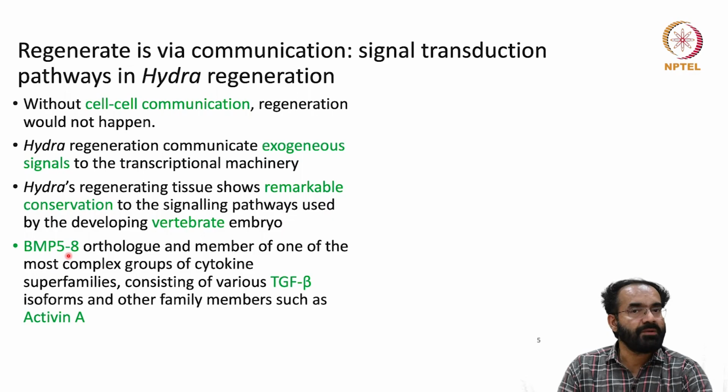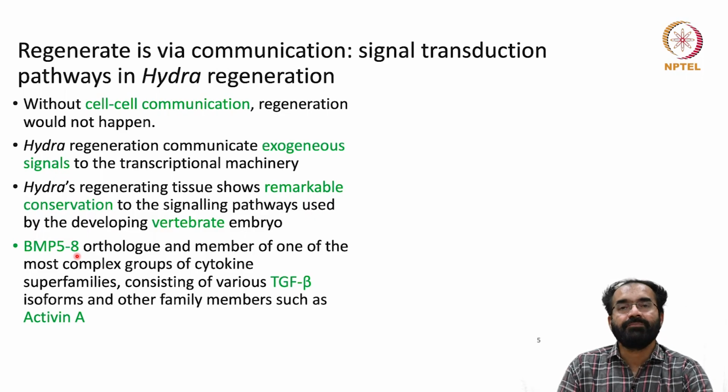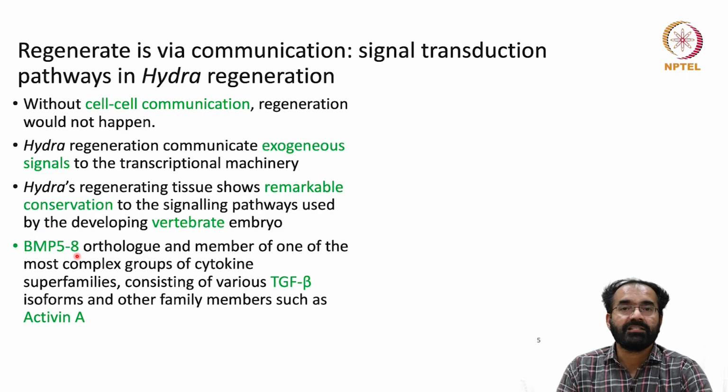BMP5, BMP6, BMP7, BMP8, these can activate their respective receptor targets. BMPs and TGF-beta are somewhat like cousins, or I won't say siblings, but you can compare them to cousins. Cousins are genetically related, but they are not as related as siblings.